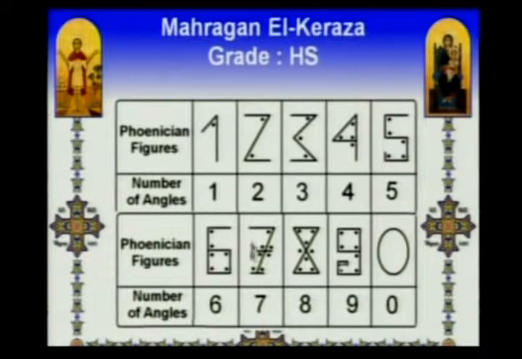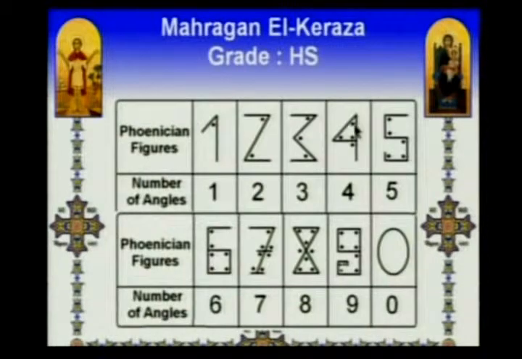I'm going to show you this here. The first figure, as you can see, has one angle in it, and this denotes number 1. The second has how many angles? 1 and 2. So this stood for 2. The third shape has 3 angles, and this stands for 3.